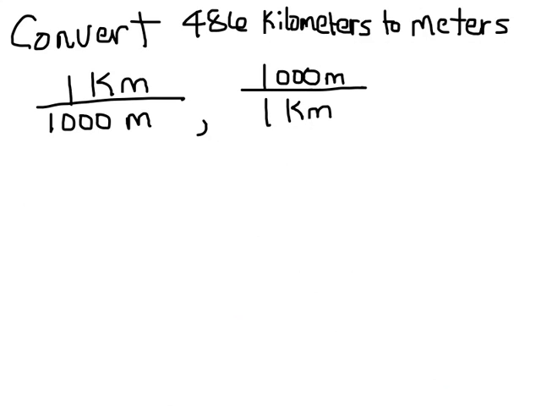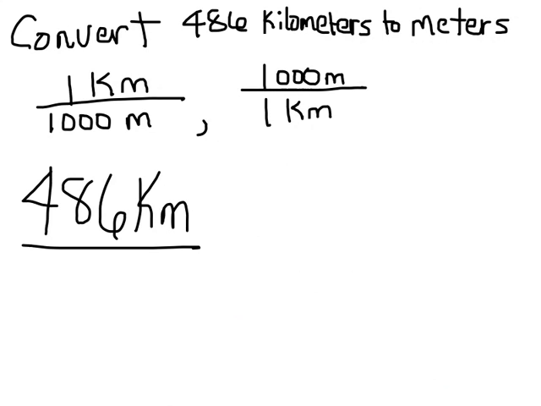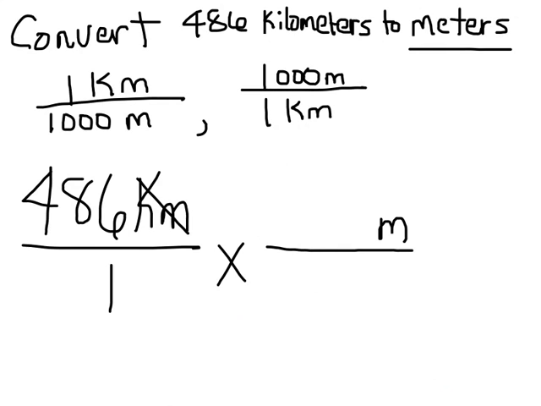All right, in this one we're going to convert 486 kilometers, put that over 1, do your multiply by and your unit multiplier. All right, and we want to end up with meters again, so it's going to go on the top, and we have to cross cancel kilometers to get rid of it, so it will go on the bottom. Which one are we looking for? This one right here.